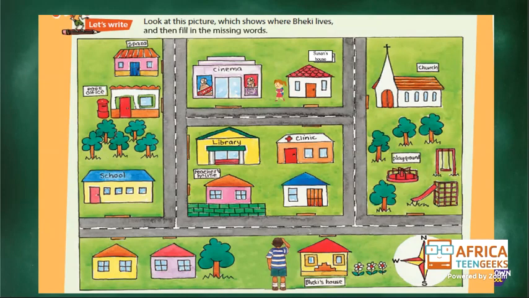Okay, who's ready to answer some questions about this map? Remember that when we work with maps, we can say left, right, straight, or we can say west, east, north, south.